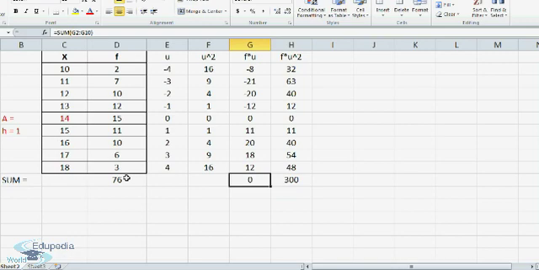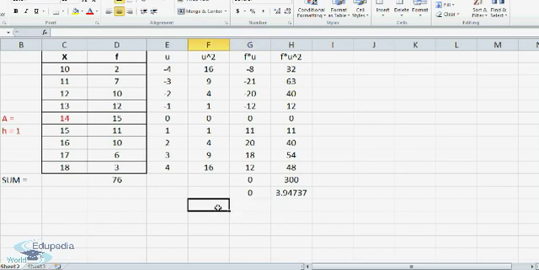I need to find the ratio summation of fu square by n and summation of fu by n, squared. These are nothing but the mean of square and square of mean. So the mean of the square would be this value divided by n, and the square of mean would be this value divided by n. We know 0 divided by any number is 0, and when we square it we get the same number, 0.